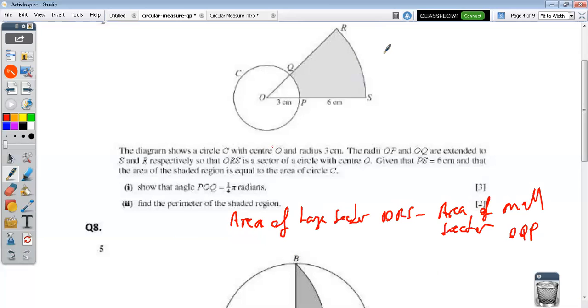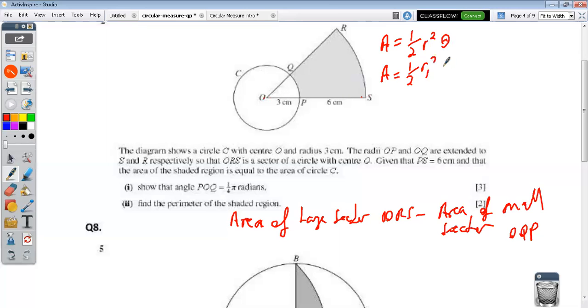So anyway, they share the same angle. We said area of a sector is equal to half r squared theta. So in this case, it's area of the large sector. Let's say the radius of the large one is r1.